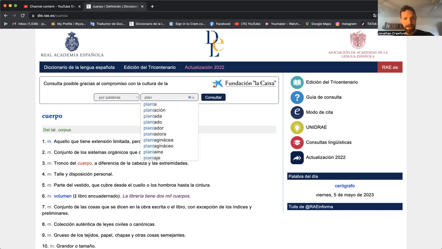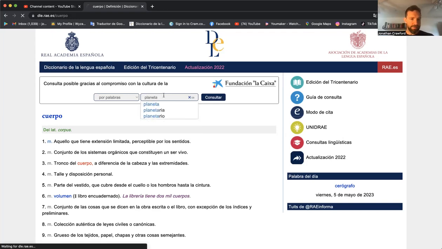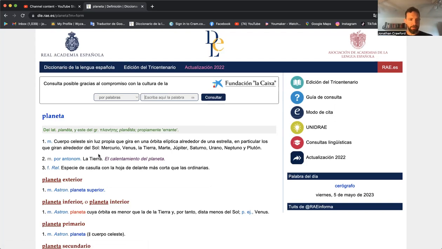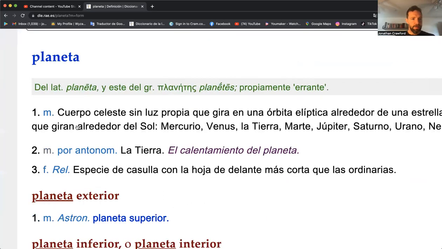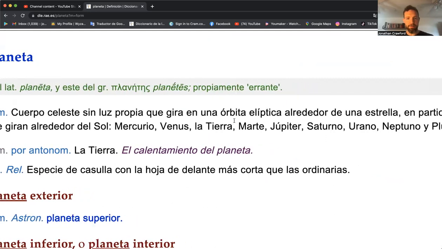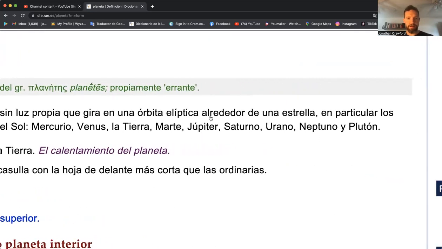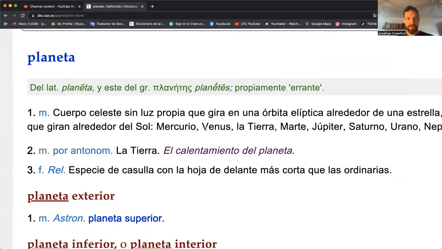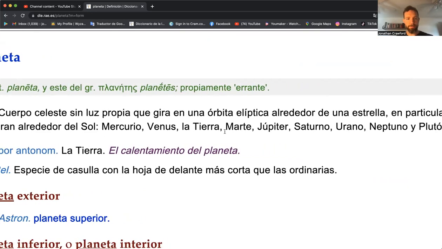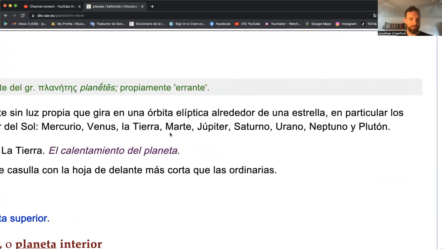So planeta. And that's the cool thing about this website, every single word is hyperlinked. So be careful not to click on them, I guess. But right here, you can see: cuerpo celeste sin luz propia que gira en una órbita elíptica alrededor de una estrella, etc. And then it gives some examples: Mercurio, Venus, la Tierra, that's where we live, Marte, Júpiter, Saturno, Urano, Neptuno, y Plutón.